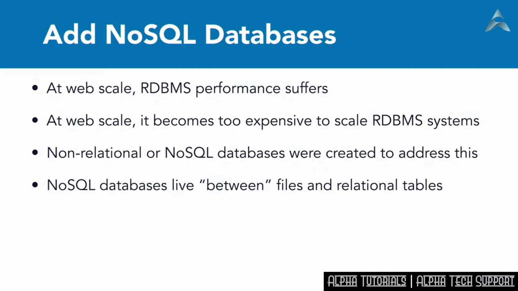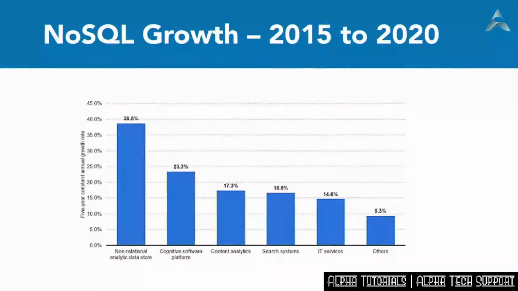Oftentimes, that data comes first from files and then is loaded into proprietary storage format for the particular NoSQL database instance type. Now, the NoSQL ecosystem is predicted to grow by this particular citation from 2015 to 2020 at a very, very fast clip, 38.6%, top in terms of new types of IT systems.